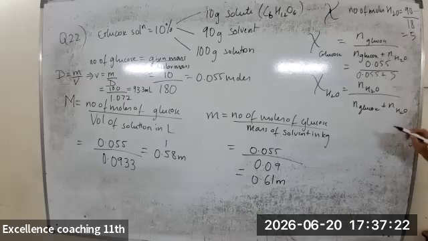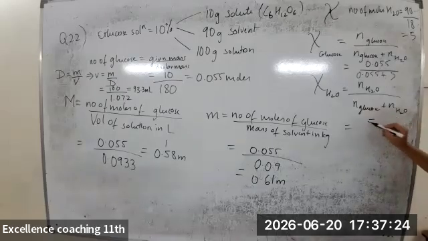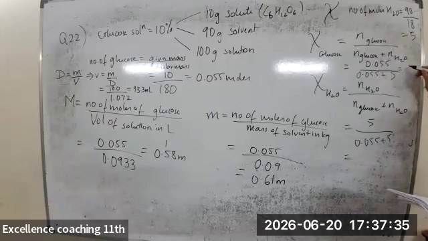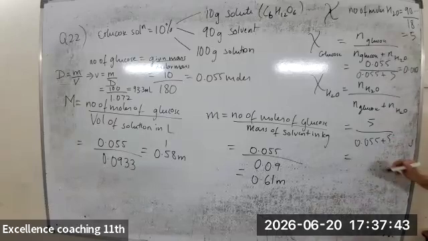So plus 5, and here also it will be 5 upon 0.055 plus 5. So for glucose it will be 0.010 and for this it will be 0.99.